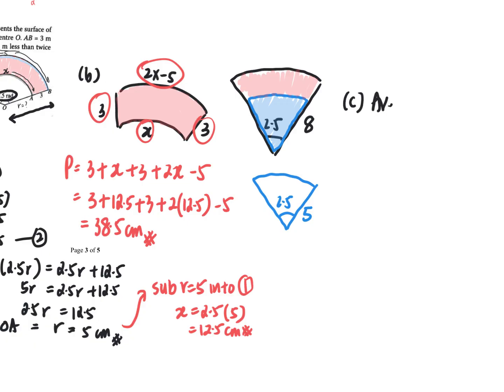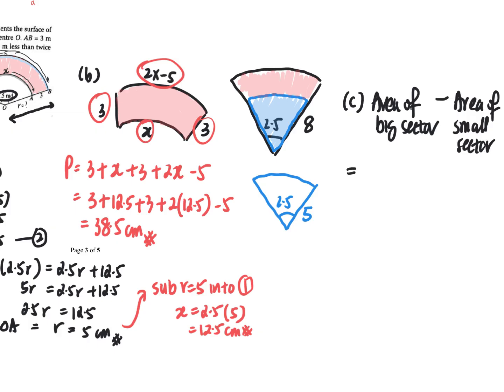So area of big sector minus area of small sector. The big one is r squared theta over 2. The small one is phi squared theta over 2. So remember the formula is this.